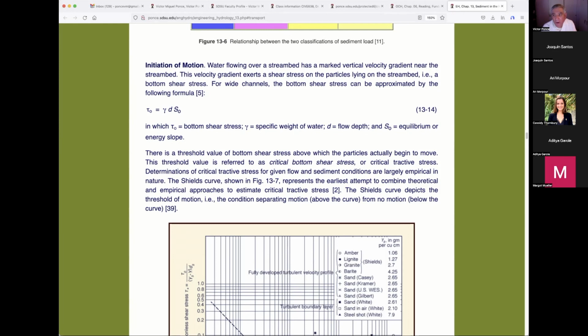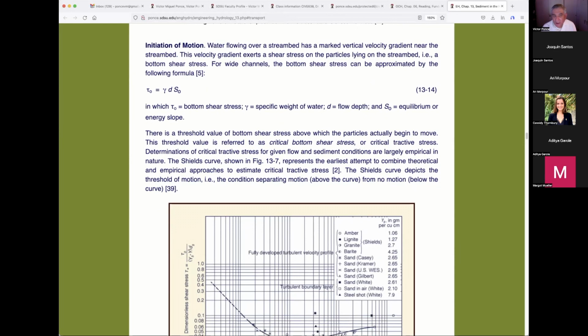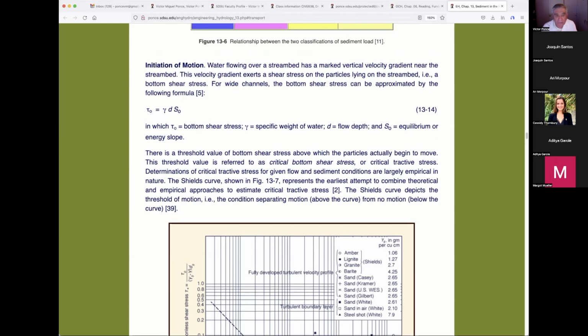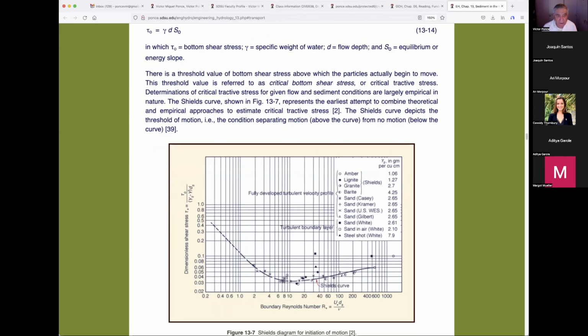So we need to know the concept of initiation of motion so we are able to design the channel in such a way that the sand at the bottom is always in movement and cannot stop and settle. Because if it starts settling, then more particles will come in and settle, and eventually the channel will be clogged, and we would lose the function of the channel. So initiation of motion becomes a very important subject in our field.